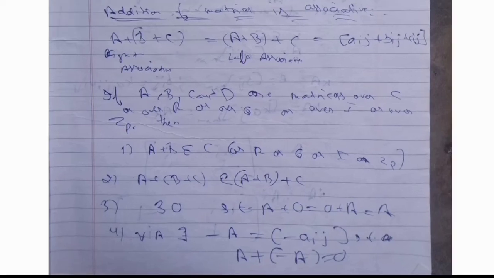Okay. Then A plus B will belong to C, complex numbers; R, real numbers; Q, rational numbers; I, irrational numbers; Z, integers; Zp, modulo P field.